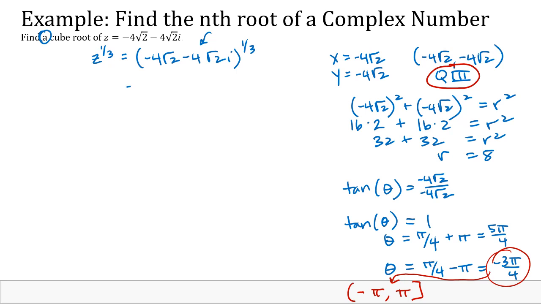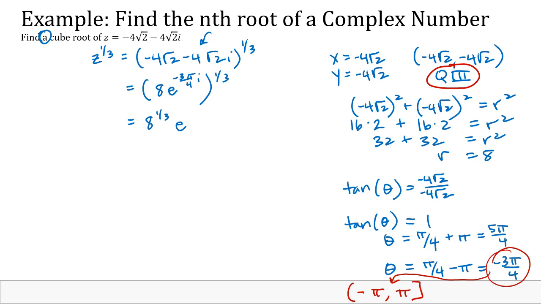So, all right, this is going to equal my r value of 8 times e to the negative 3 pi over 4 i power, and I'm going to raise that to the 1/3 power. Okay, so now I'm going to distribute that 1/3. I'm going to get 8 to the 1/3. I'm going to get e to the, let's see, negative 3 pi over 4 times 1/3.